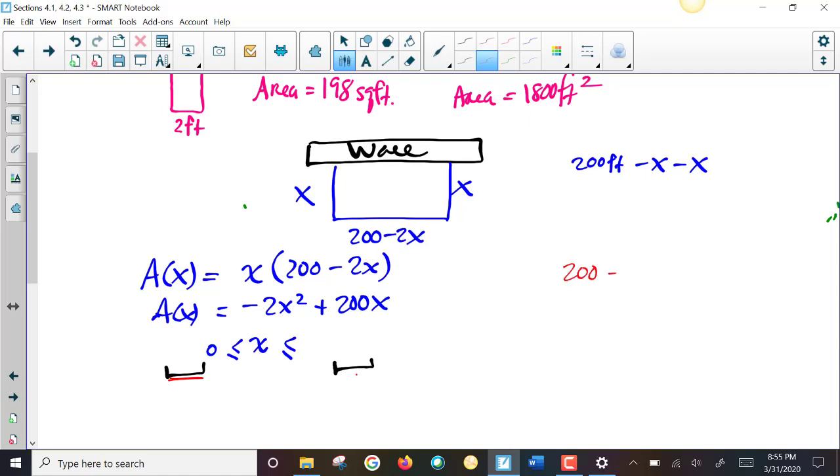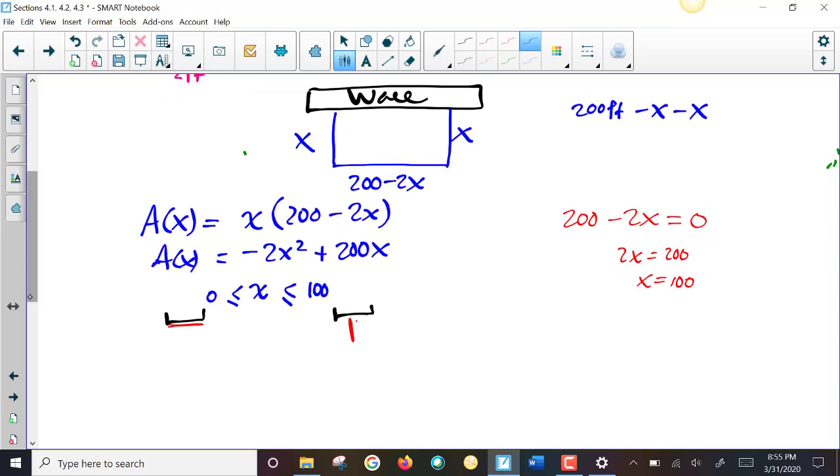If I take 200 minus 2x set equal to 0, I end up with 2x equals 200, or x equals 100. So if x is 100, then there are only two sides. Okay, so it would be something like this. So that means x has to be a number between 0 and 100.